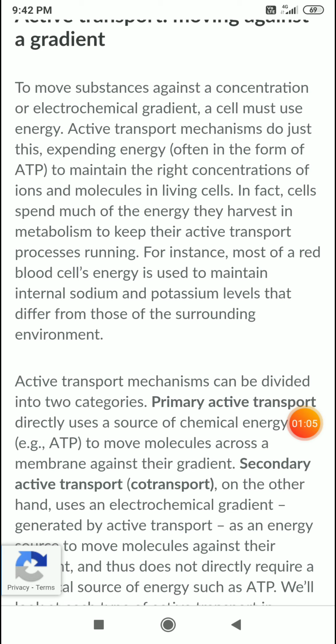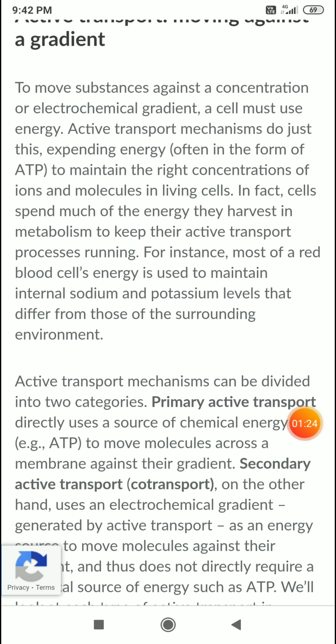For instance, most of a red blood cell's energy is used to maintain internal sodium and potassium levels that differ from those of the surrounding environment.